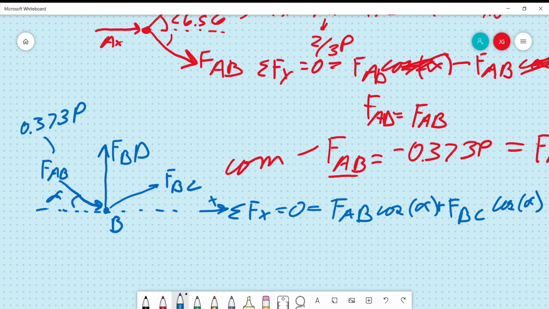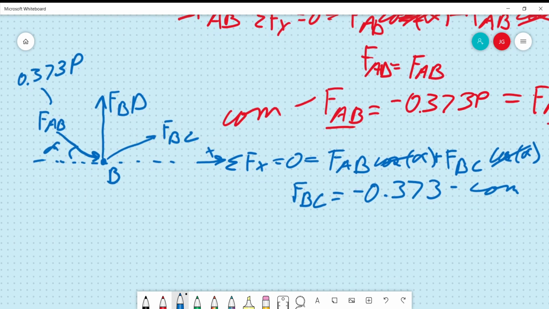So again, these would cross out, and essentially FBC cannot equal that same. But really, that just means it's in compression, right?